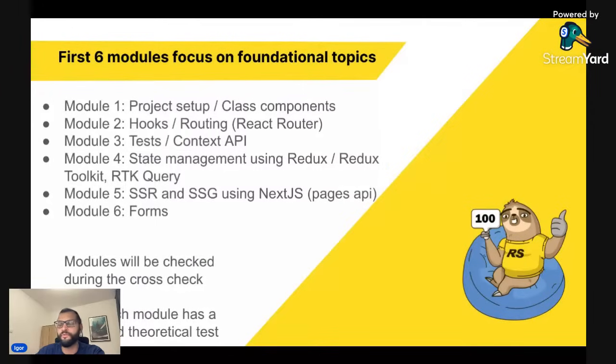The new version of Next.js has a new API, the App API, but we consider that Pages is more mature and should be studied first. And model 6, forms with two approaches, controlled and uncontrolled components, but again, more details on this a little bit later. Just be patient.